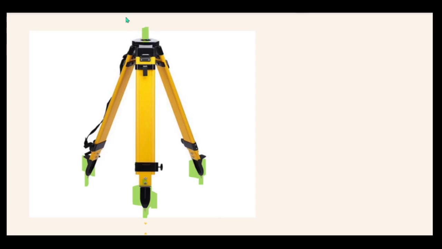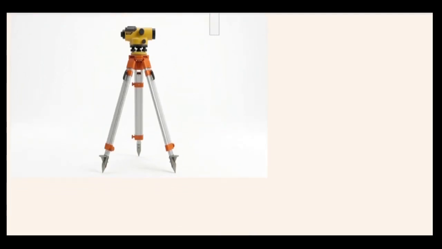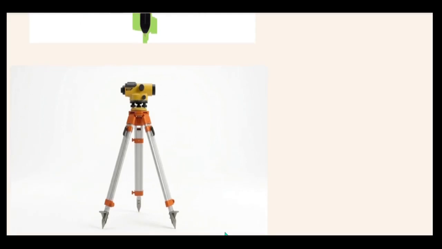The only thing you do on the level instrument is to rotate it around. You don't have to move this whole thing here. You're only rotating the level instrument around. Look at when it's constructed here. This is a pin here, this is a pin here, and also this is a pin here.